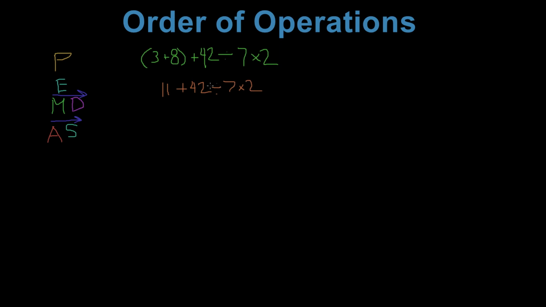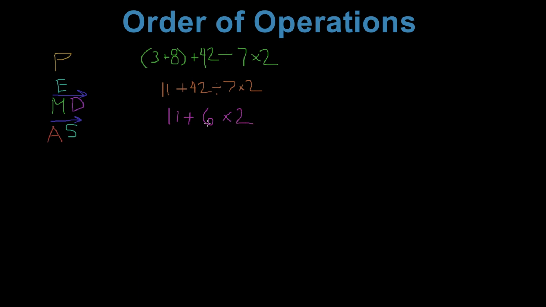So the first operation we have is division. That becomes before multiplication, because again, it goes from left to right. So we do 42 divided by 7, which is going to be 6. And we're going to make the 11 down here, and we're going to put the multiplication sign for 2.